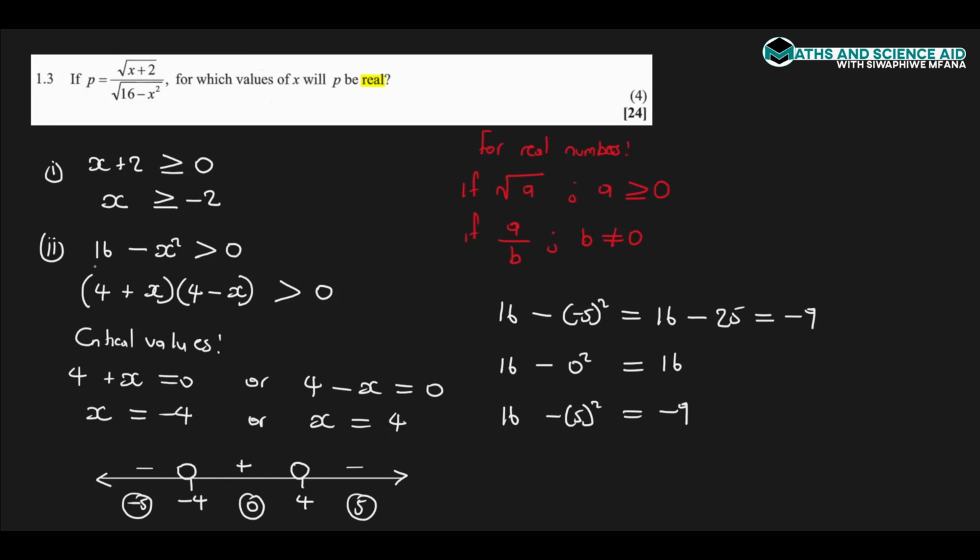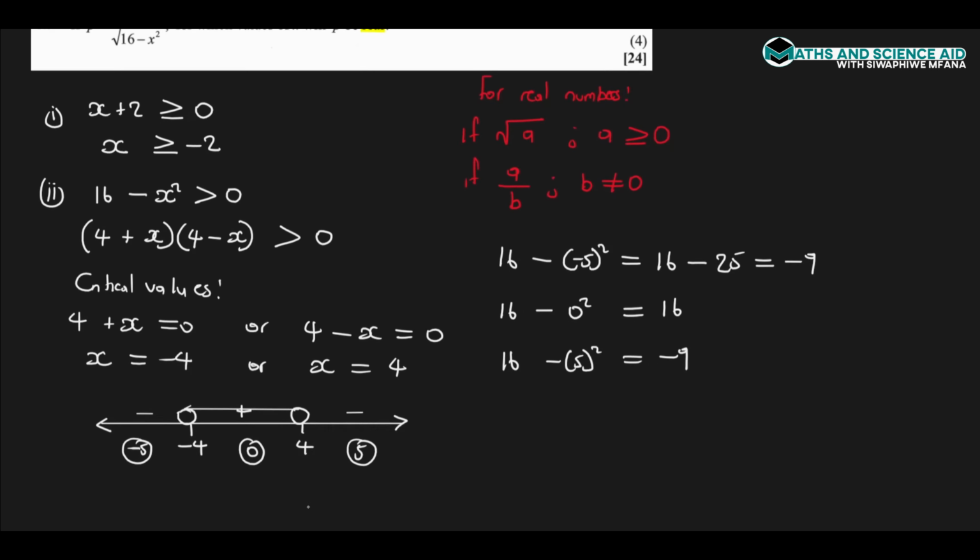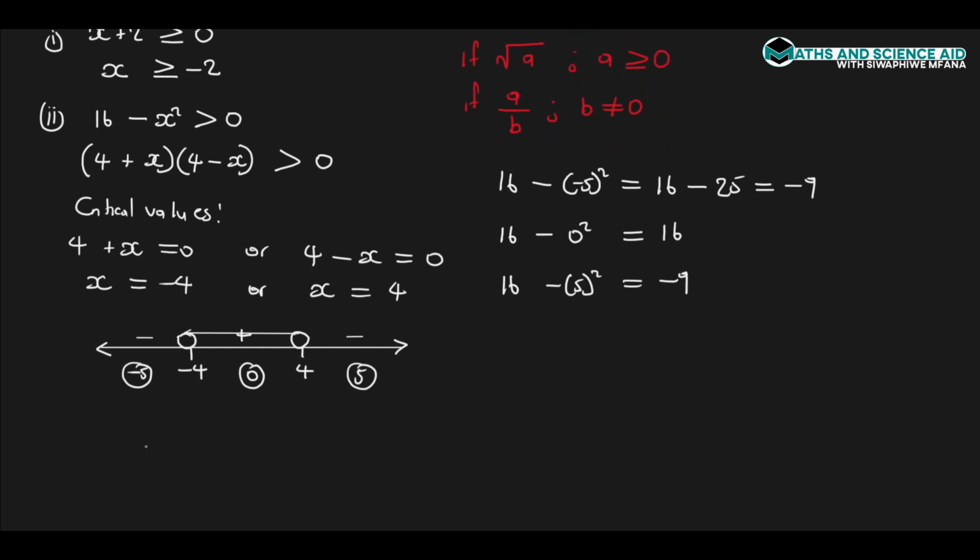And we are looking for the solution of an inequality whereby 16 minus x squared is greater than 0. So greater than 0 means positive. So our solution lies between negative 4 and 4. So we can write this as x is greater than negative 4, but x is less than 4.